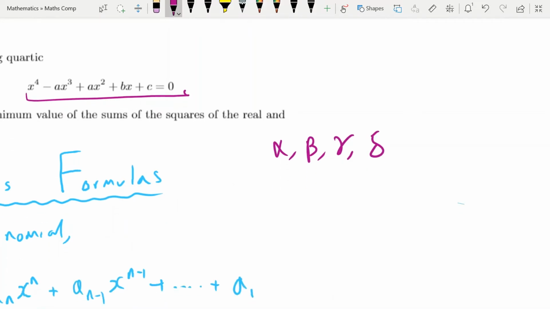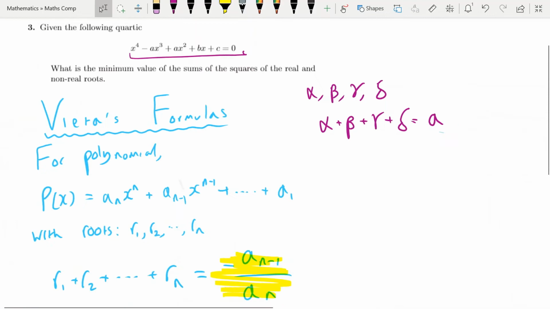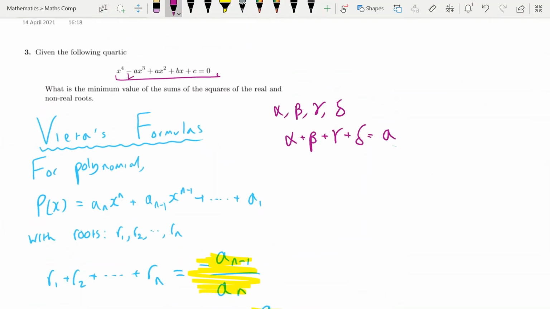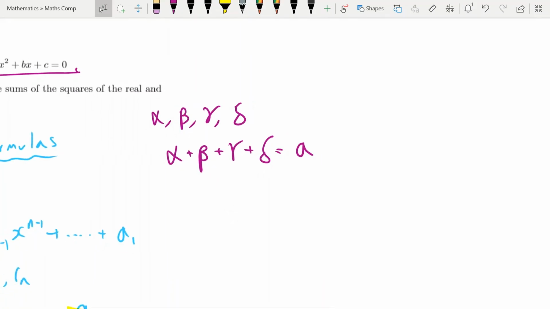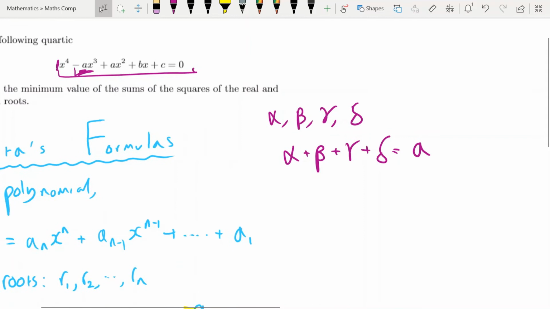So we know from Vieta's formulas the sum of the roots, alpha plus beta plus gamma plus delta, is equal to a, because you take this coefficient here and minus that coefficient, which is minus a, over 1, which is the coefficient of x to the 4. Well, that's just a. So we know the roots add up to a. And we're looking for the sum of the squares of the roots.